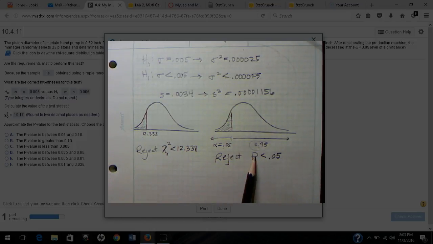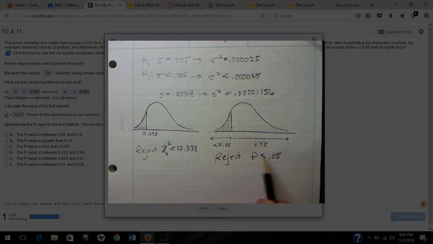Here, the p-value is the tail area. So if the p-value is small, in other words, less than alpha, that means we have a smaller tail. And that means that our critical value is further to the left, thus cutting off a smaller tail.